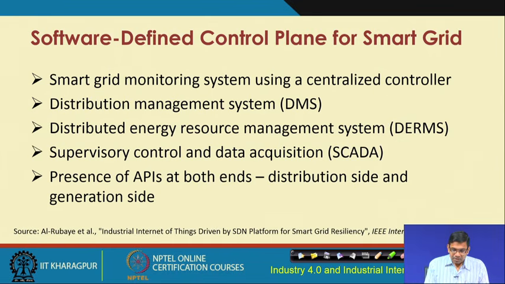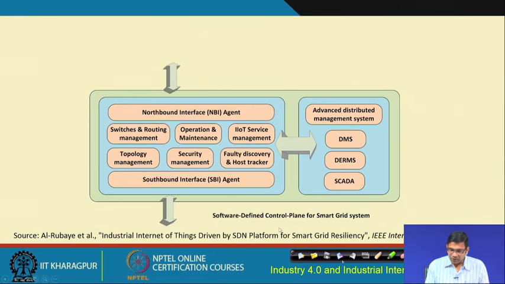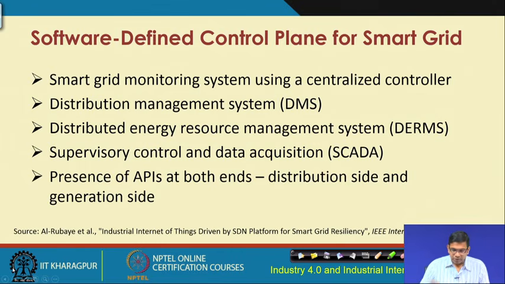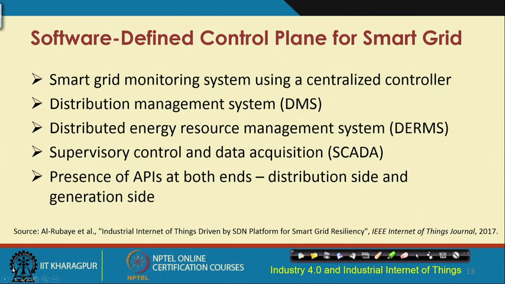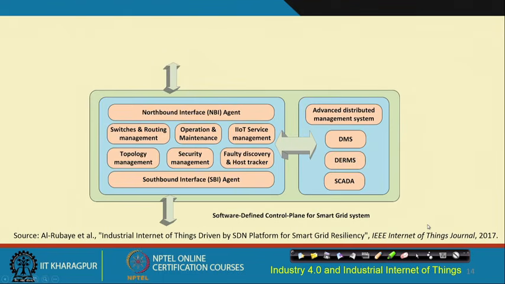So, in case you are interested in SDN enabled smart grid, this particular literature will give you the highlights of how you are going to deal with the software defined control plane for the smart grid. This is the holistic view of the software defined control plane for the smart grid. It shows only the control plane.